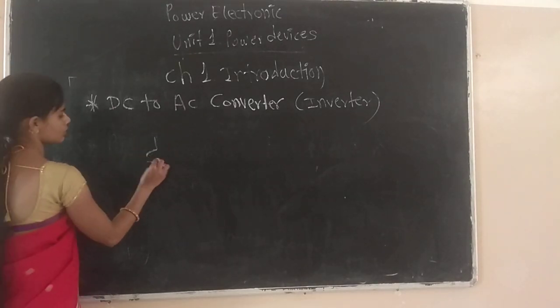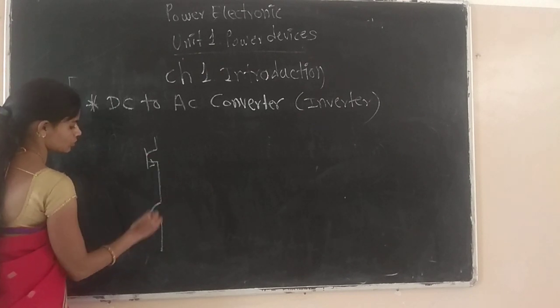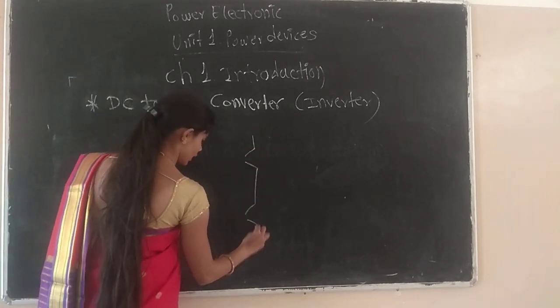In the circuit diagram we use four transistors, Q1, Q2, Q3 and Q4.